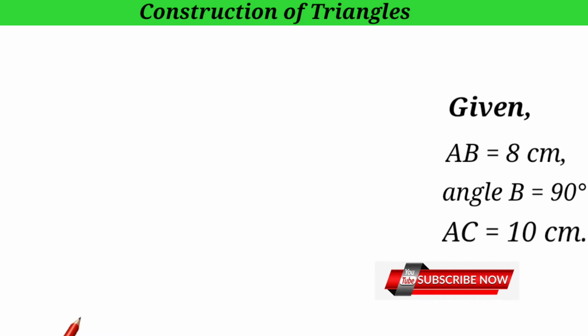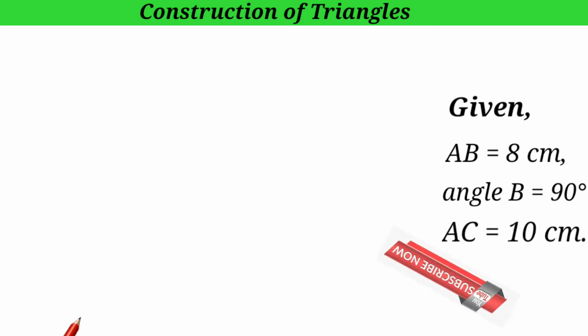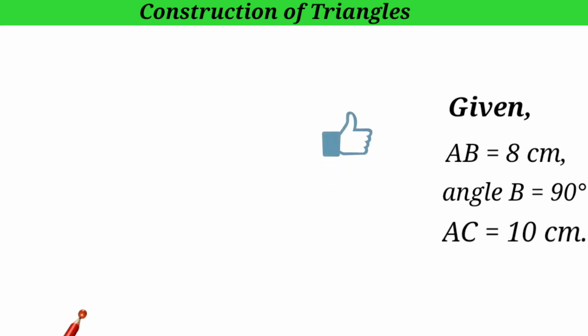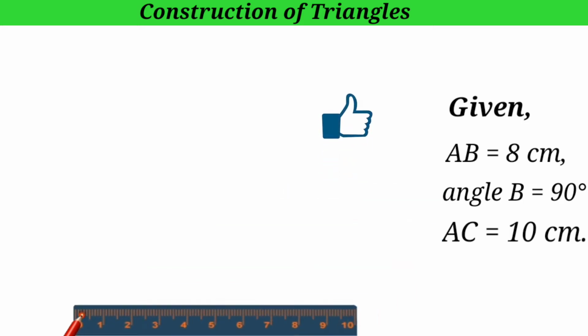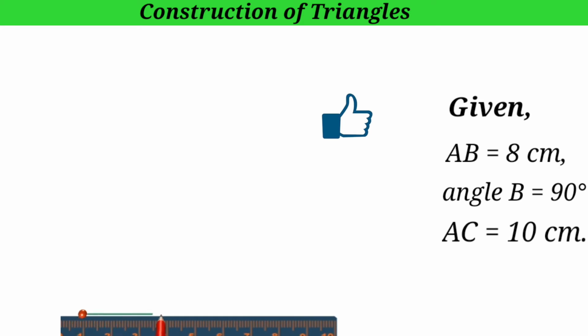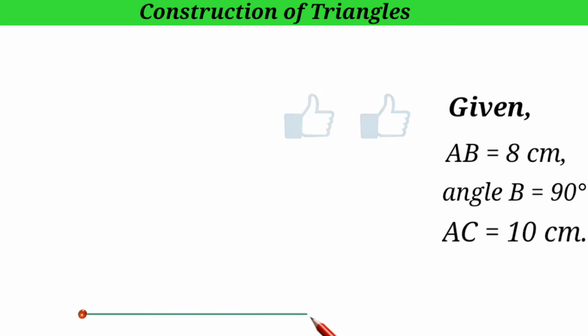For that take the scale and first place the pencil at the 0 point of the scale and draw the line segment up to 8 on the scale. So see here, since AB is equal to 8 centimeters, first we have to draw 8 centimeters. So place the 0 value and draw the line segment up to 8 on the scale.